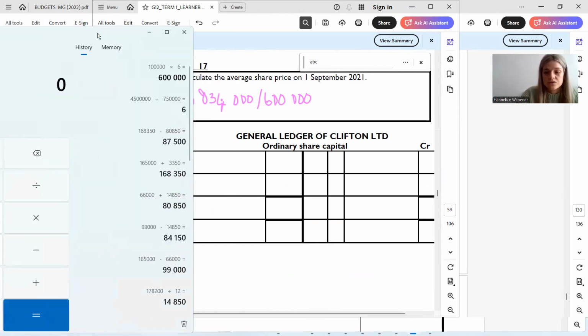So total ordinary share capital divided by the number of shares in issue.